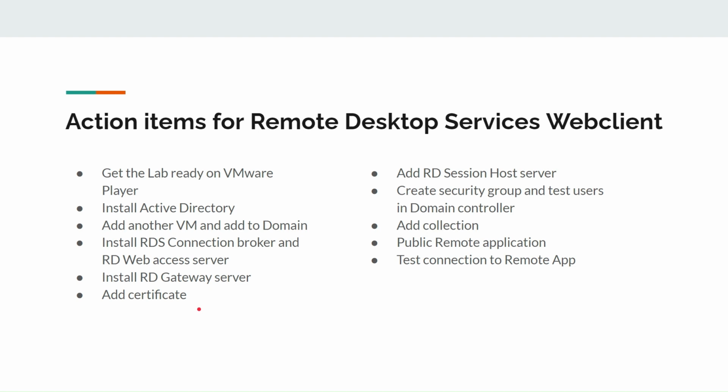I'll create a certificate, so I'll install CA on Active Directory server. Then I'm going to add RD Session Host. I will create security group and few test users. Then on remote desktop services, I'm going to create collection and publish a remote app. And then we are going to test the connection to this remote app.